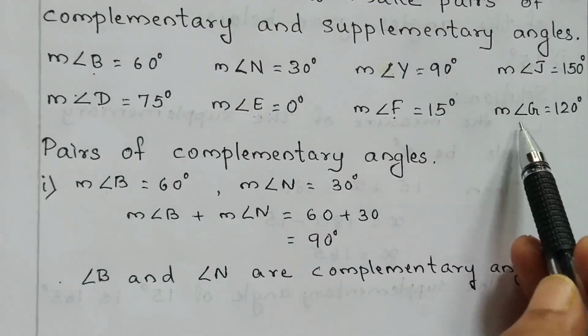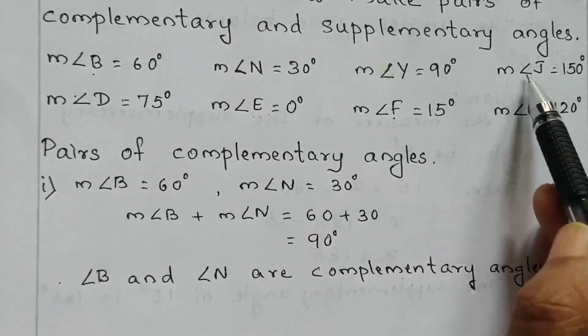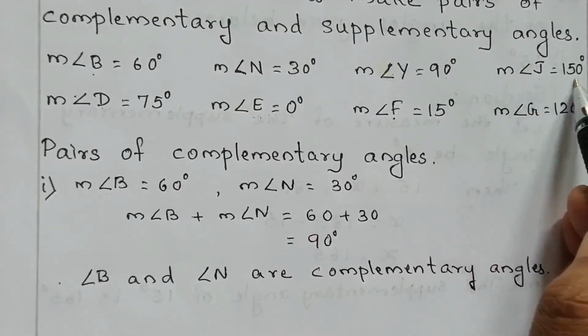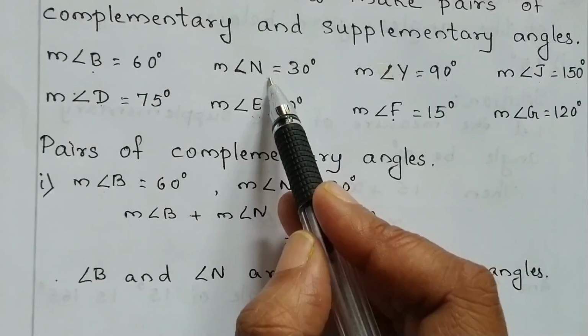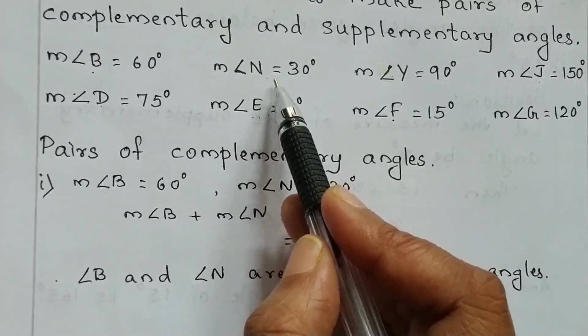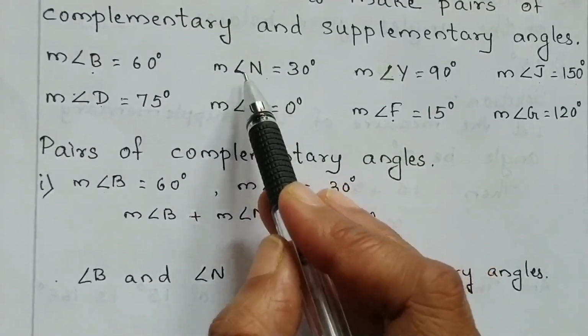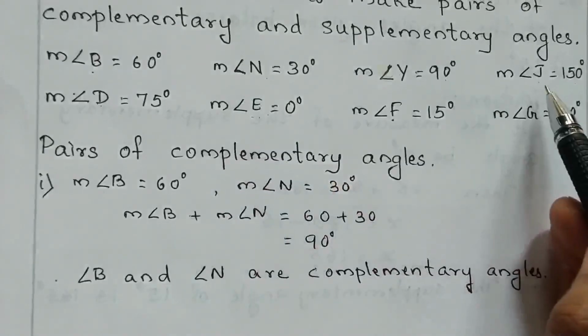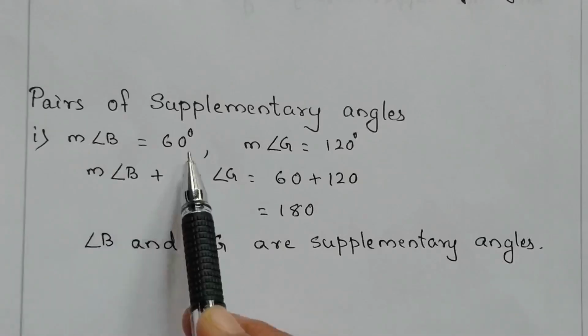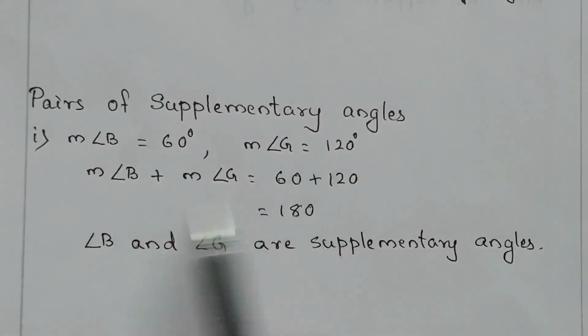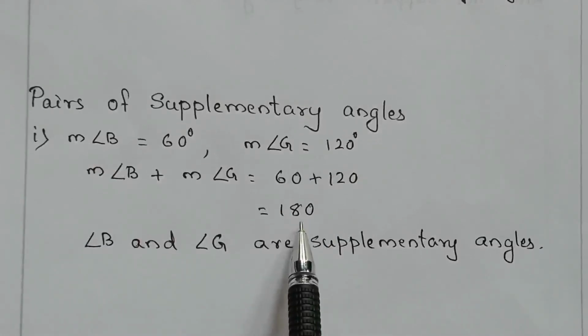Same way, you have one more pair. Angle J is 150, angle N is 30. What is the total? 180. So angle N and angle J also form a supplementary pair. Measure angle B is 60, measure angle G is 120. The sum of the two is 180.